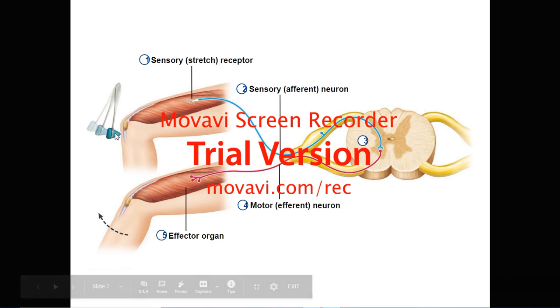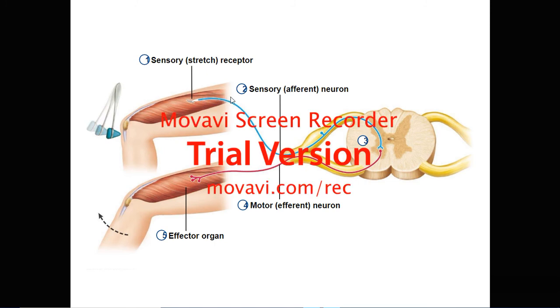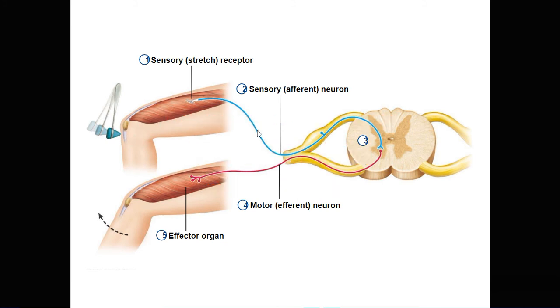So again, you tap the patellar tendon, and it causes the quadriceps muscle it is attached to to stretch. Essentially that stretching is going to be detected by the sensory receptor, which sends a signal along the afferent pathway right here to the central nervous system, to the spinal cord.